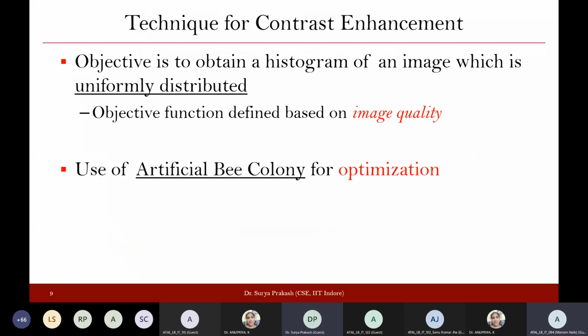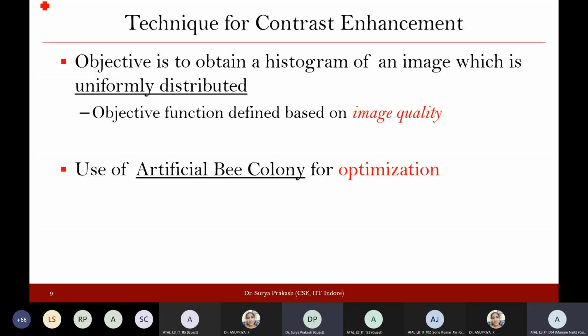Okay. So, as I just stated at the beginning, we are going to use histogram equalization here for the contrast enhancement. We are going to use the ABC algorithm. So we're now going to discuss that.